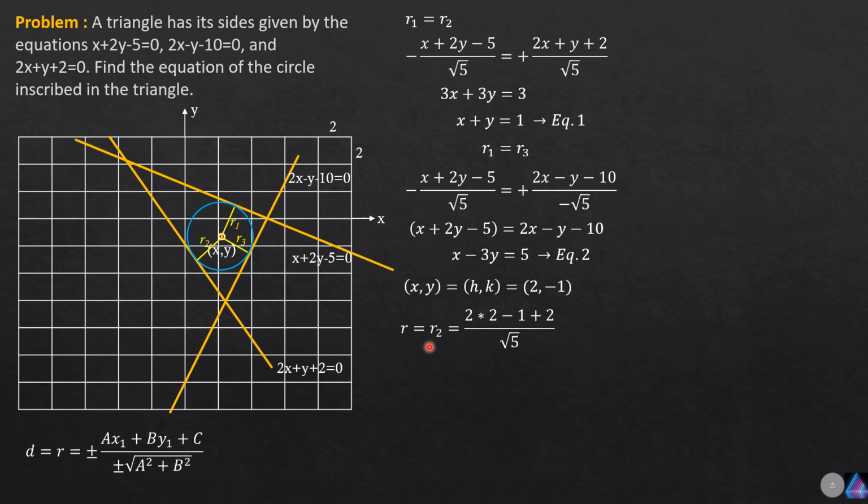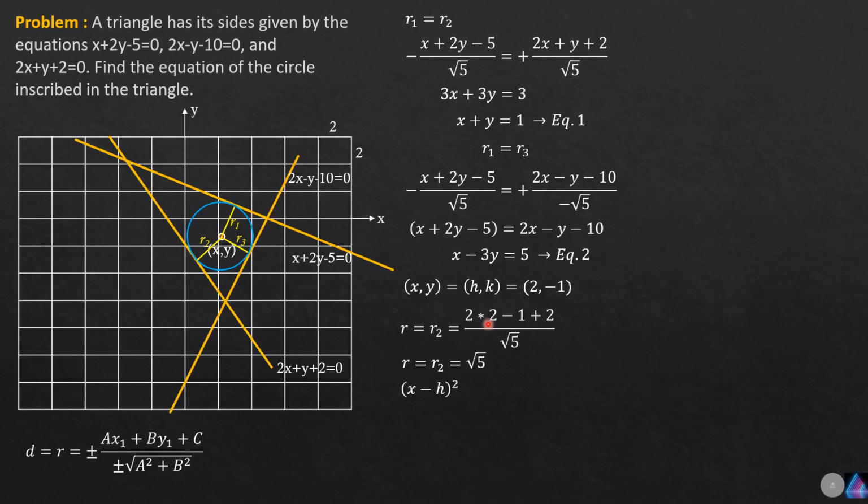Let's copy R2 here: 2 times x, which is 2, plus y, which is negative 1, plus 2 over square root of 5. 4 minus 1 is 3, plus 2 is 5. 5 over square root of 5 is square root of 5, so the radius is square root of 5.